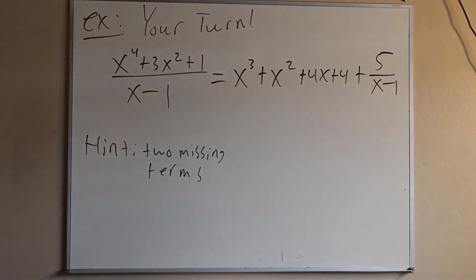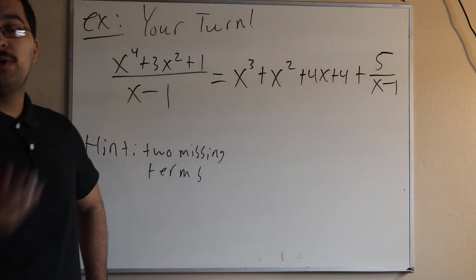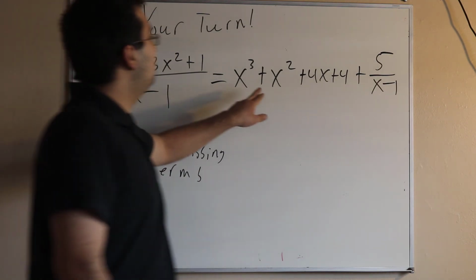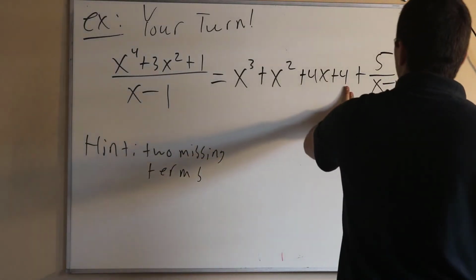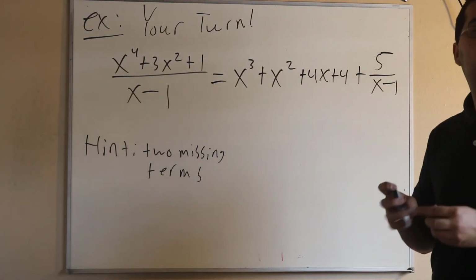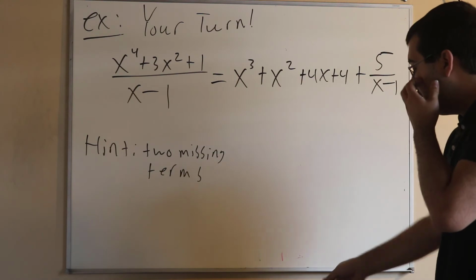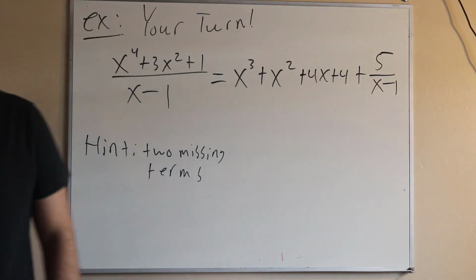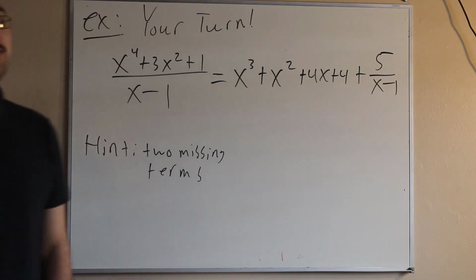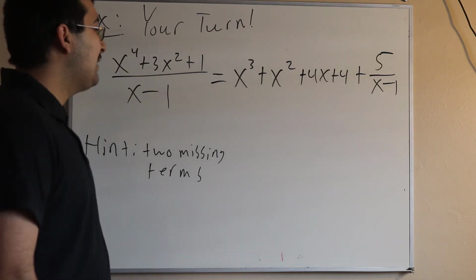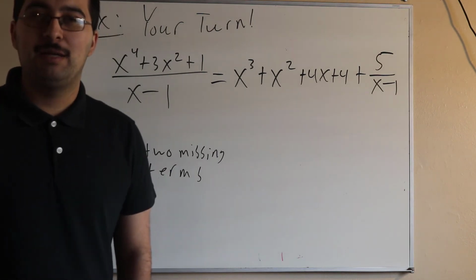Just to say, the quotient, or the result I produced for my division, was x cubed plus x squared plus 4x plus 4, and I had a remainder of 5 after I'd worked through all my division. So again, hopefully we got the same answer. If we didn't, don't automatically assume you're wrong and I'm right. Double check your work, and if you feel confident in your answer, email me and we can talk about it there. With that said though, let's go ahead and move on to our next example.